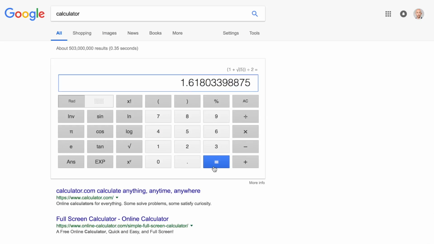So it should get you 1.61833988875. So let's write that down. Round to the nearest thousandth, so it's going to be 1.618.